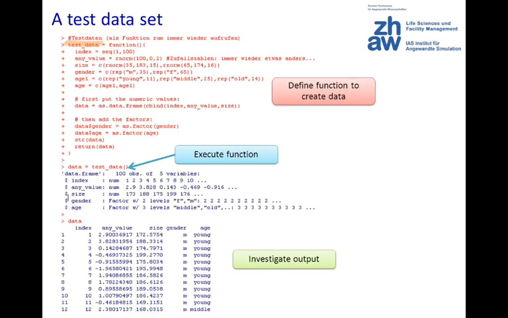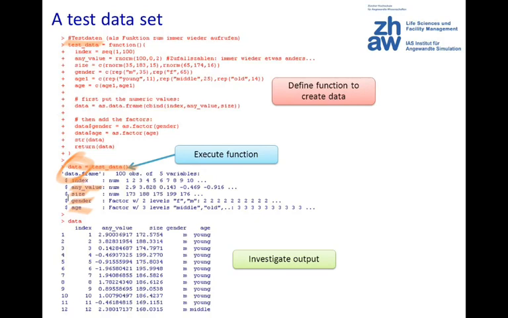You do not yet have to understand how it does that, but you have to know that it just does create a data frame with 5 variables, an index, some kind of value, the value size, the value gender, and some age.